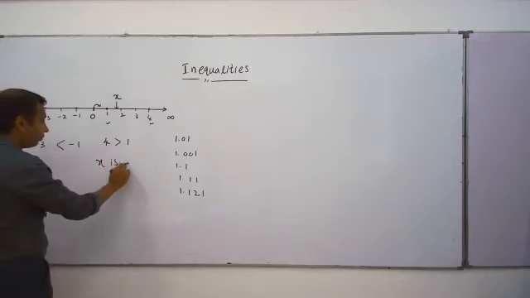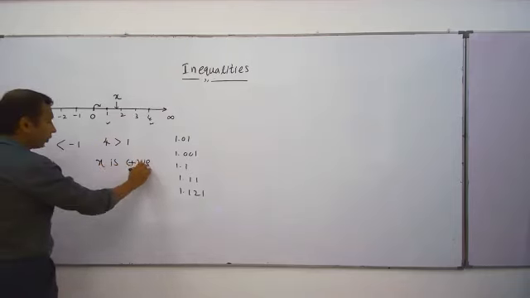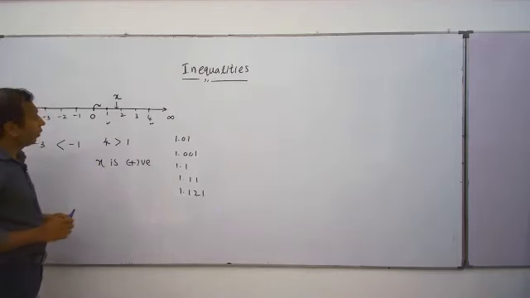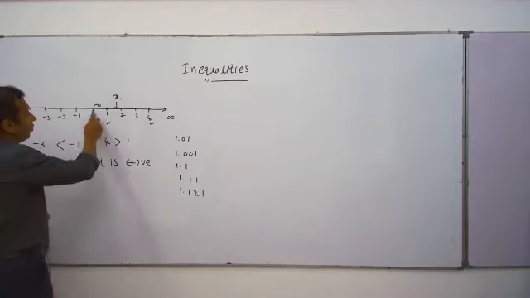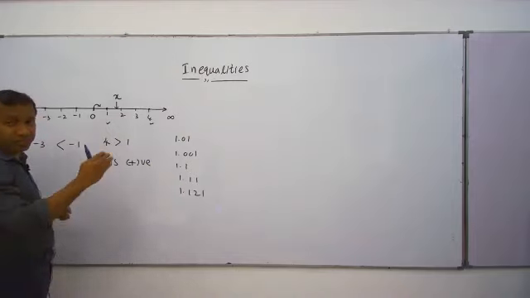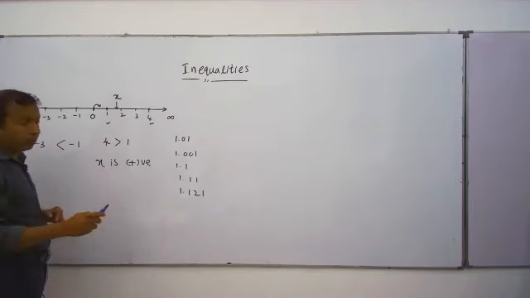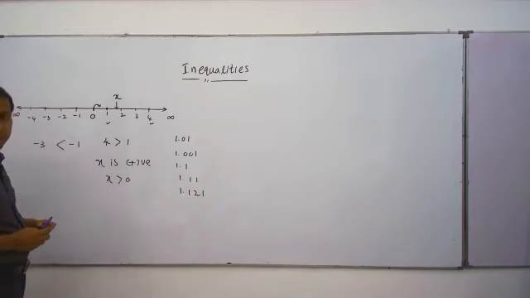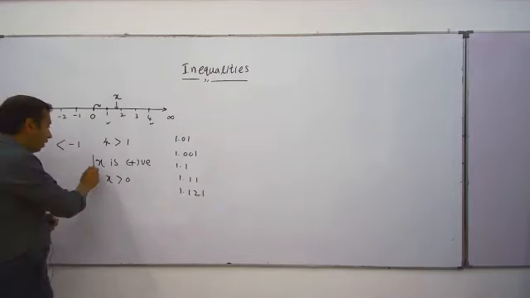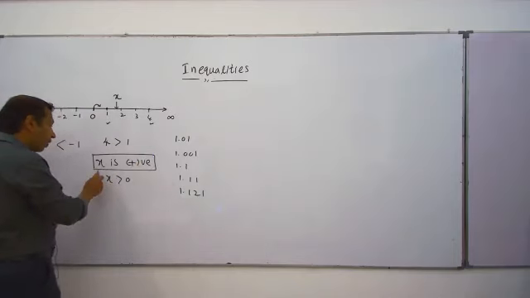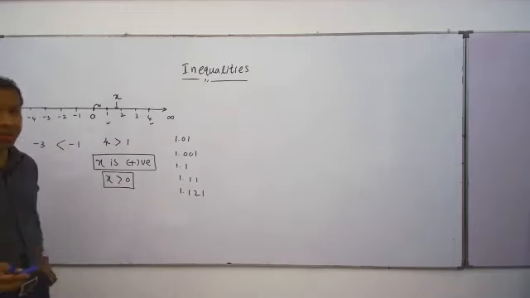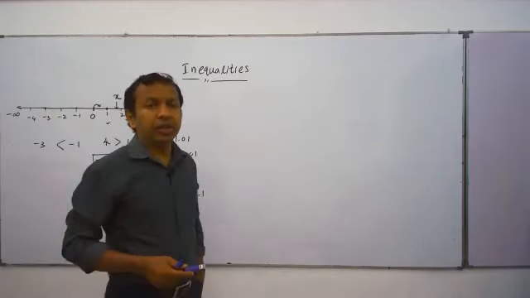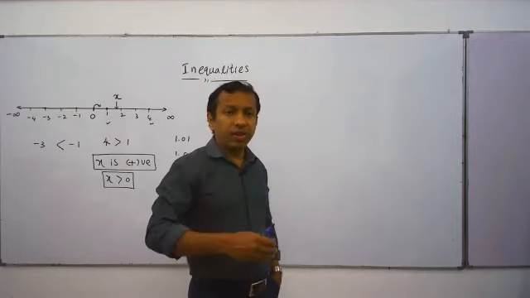Since x is on the right of 0, x is greater than 0. Therefore, x is positive is written as x greater than 0. So if we need to say something is positive, it can be said as that thing is greater than 0.